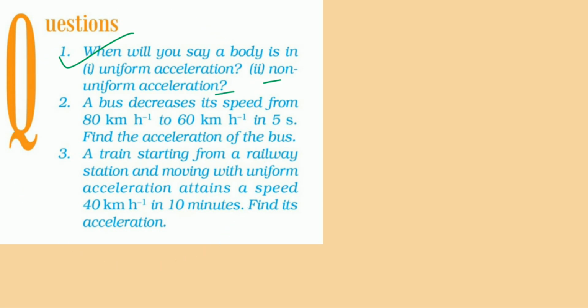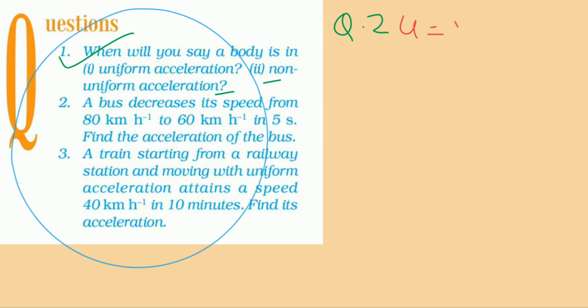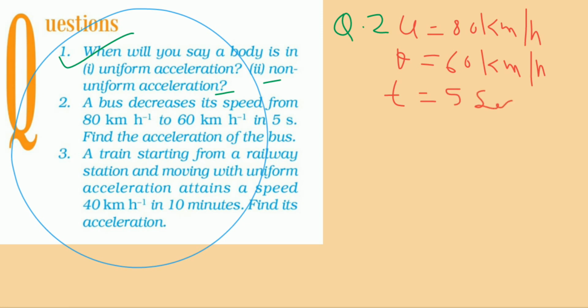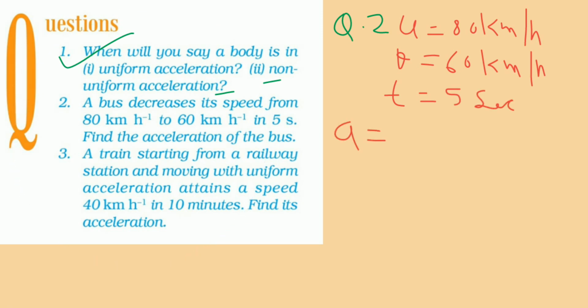Now question number 2 we will solve over here. A bus decreases its speed from 80 km per hour to 60 km per hour. So what is given? U is 80 km per hour, V is 60 km per hour, and time is 5 seconds. So how can we find the acceleration?